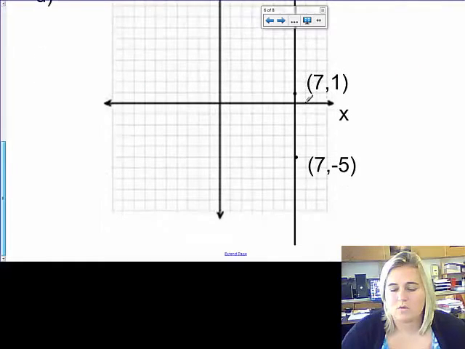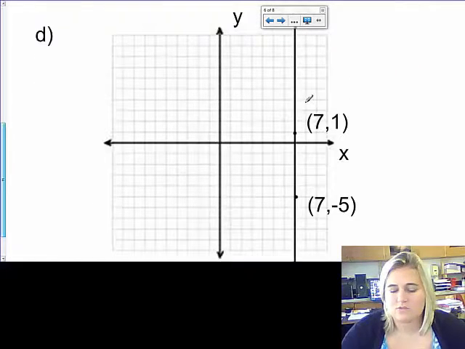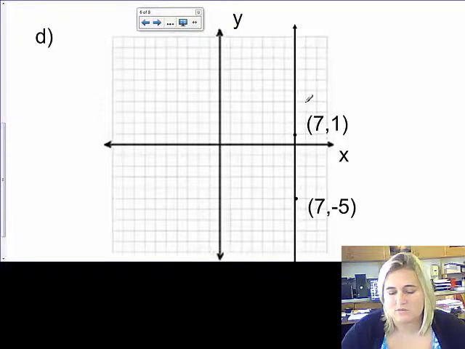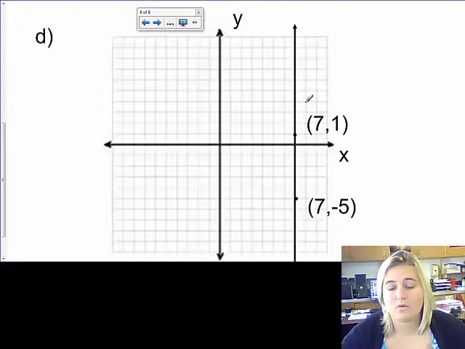On D, just like a horizontal line, there is one specific slope for all vertical lines. So we'll work that out here together. I have x sub 1, y sub 1, and x sub 2, y sub 2.